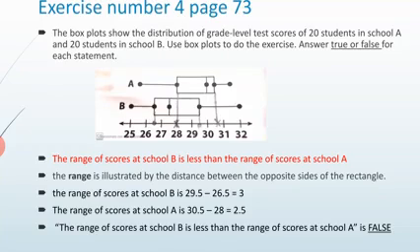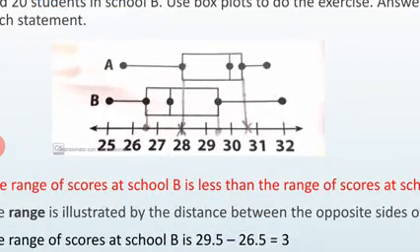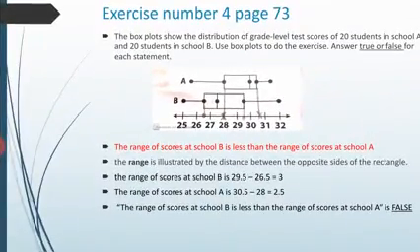If we see the image, the first side of the rectangle in A is 28, and in A the other side is 30.5. So the range of scores at school A is equal to 30.5 minus 28, that is equal to 2.5. The range of scores at school B is equal to 29.5 minus 26.5, because if we see the sides of the rectangle, we have 29.5 and 26.5, and then we take the difference.